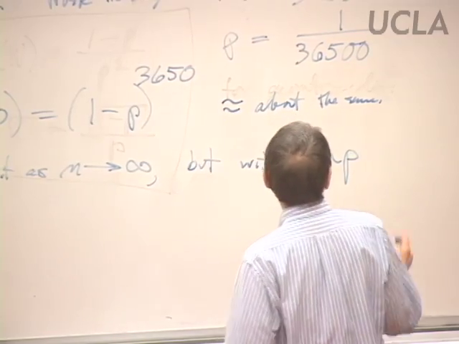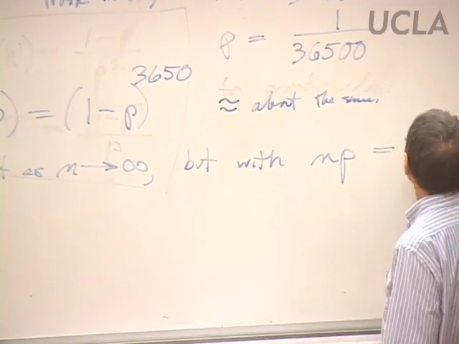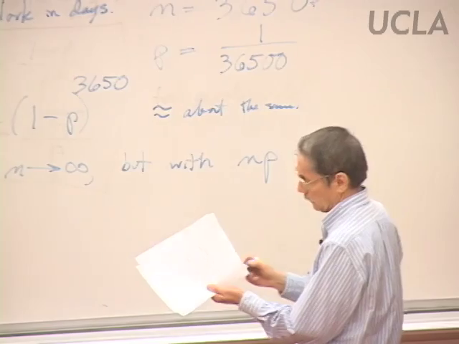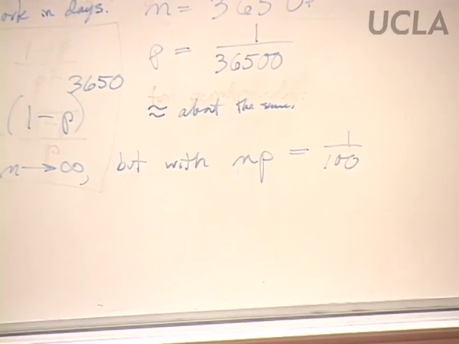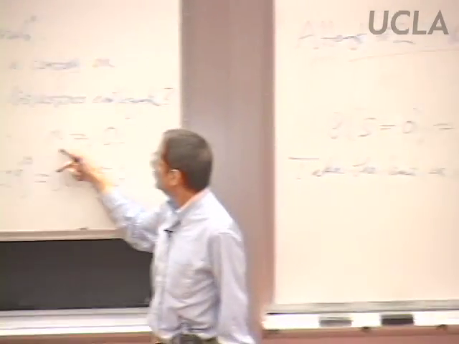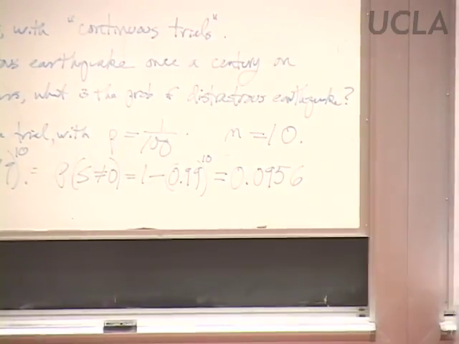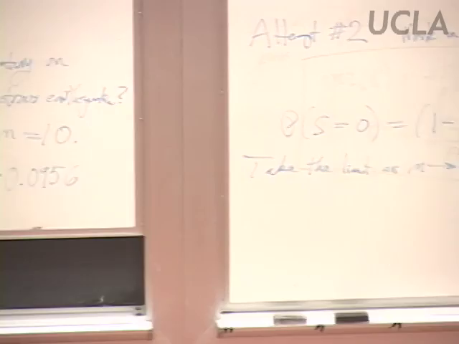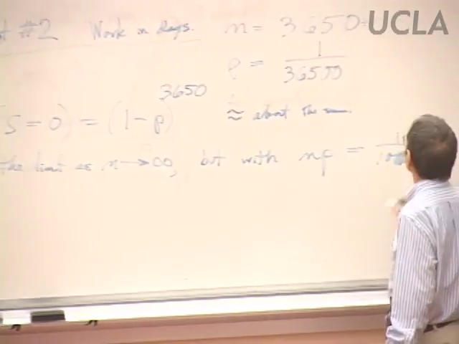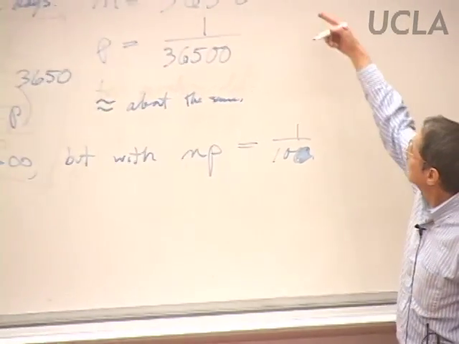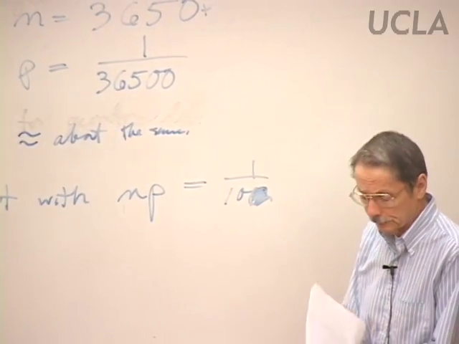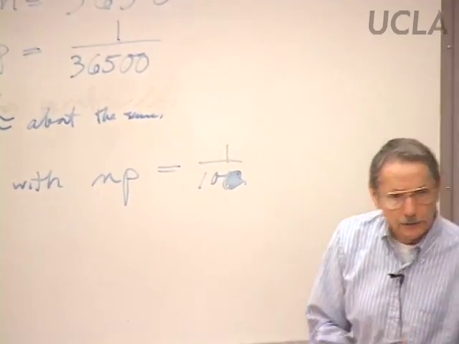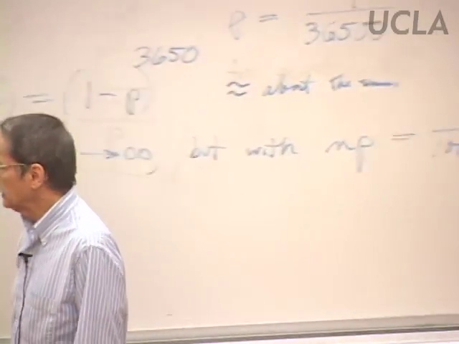Keeping n times p at 1 over 100. Here n times p was 1 over 10, and here n times p is 1 over 10. We're looking at 1/10 of a century.